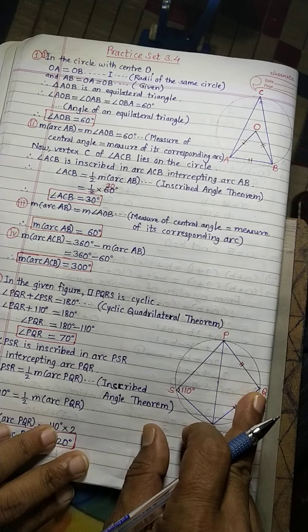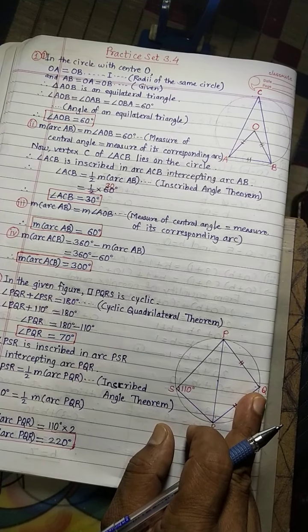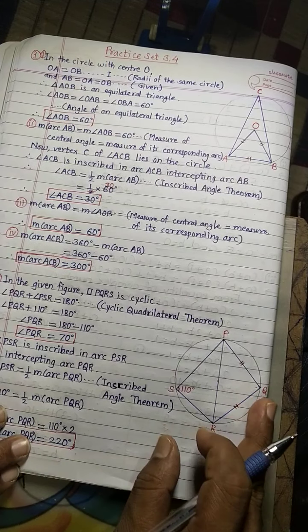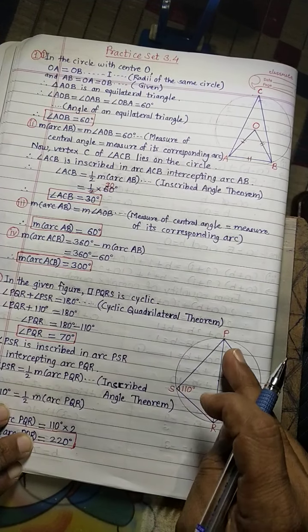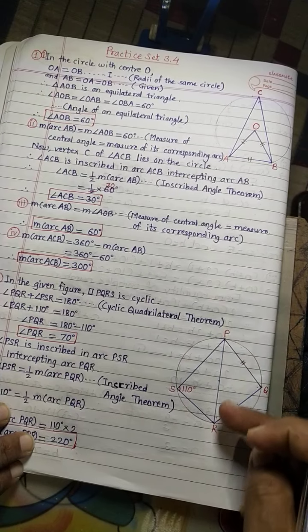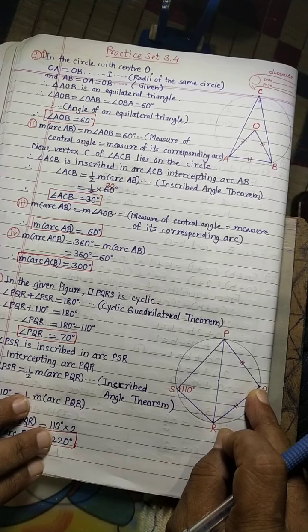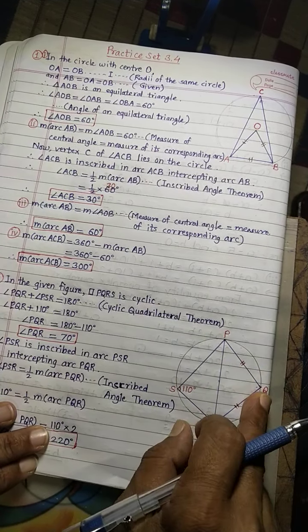So by the inscribed angle theorem, the measure of angle PRQ is equal to half of the measure of arc PQ.